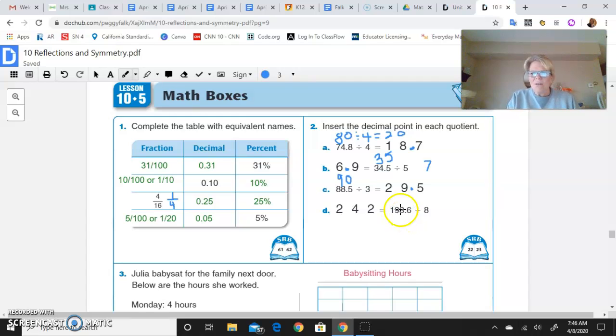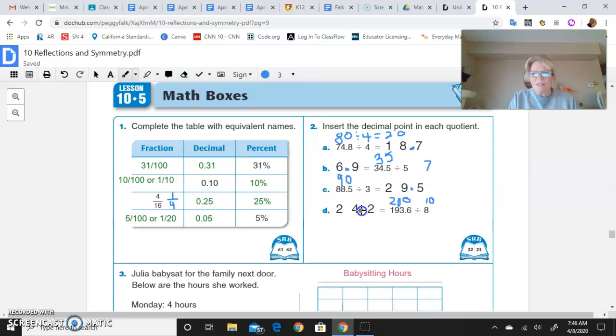193.6. I would probably round this to 200. I'm thinking about what would be easy to divide. 200 divided by, I would round this to 10. 8 is really close to 10. So 200 divided by 10 would be 20.